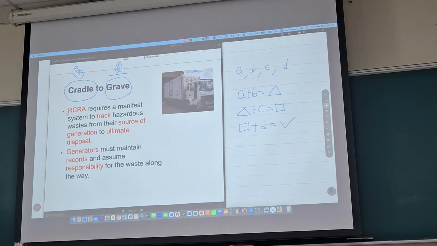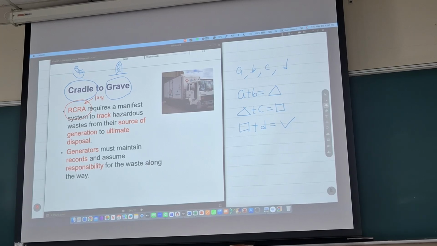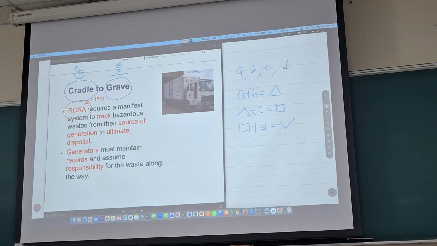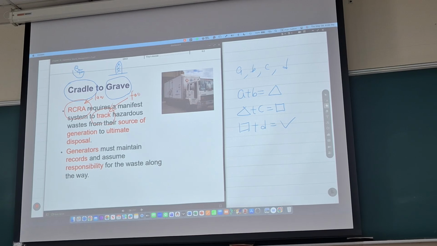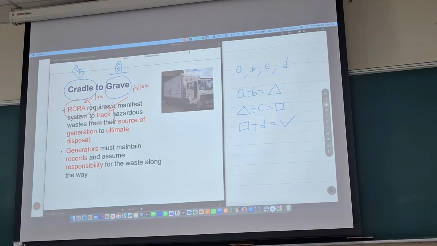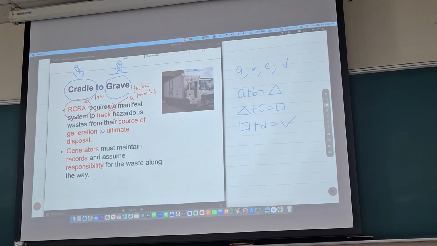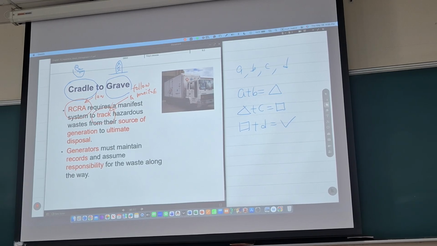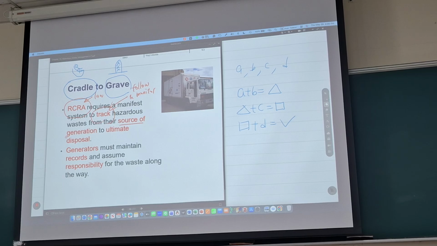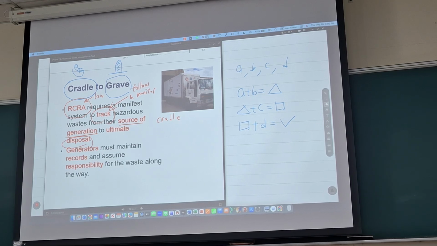Okay, so RCRA is the law. It is required to check, and check means to follow and monitor the hazardous waste, HW, from the source of generation, the cradle, to ultimate disposal, the grave.